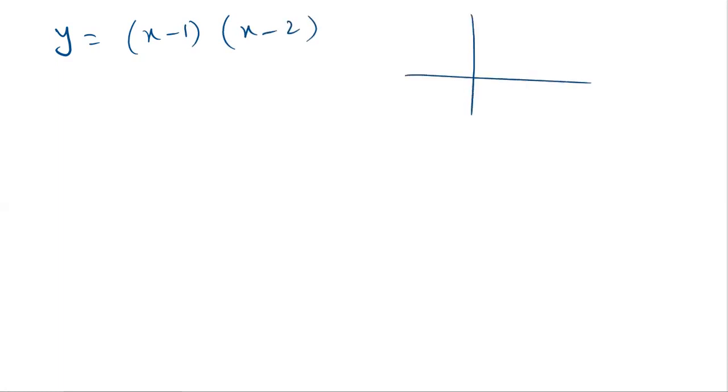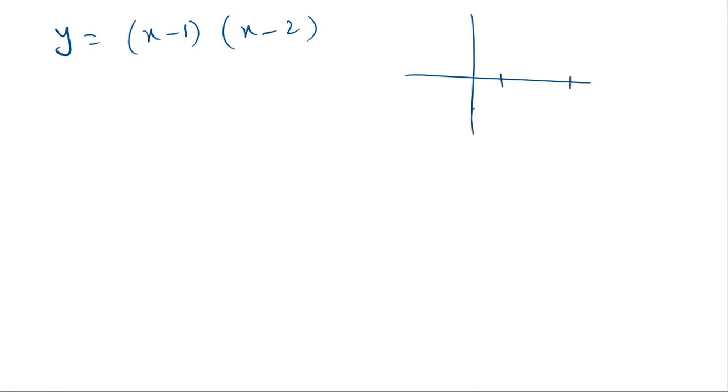Let me take some example. I'm taking one quadratic with known roots, y equal to x minus 1 into x minus 2. Now this is the graph, so you have to draw the graph of y equal to this with roots 1 and 2.